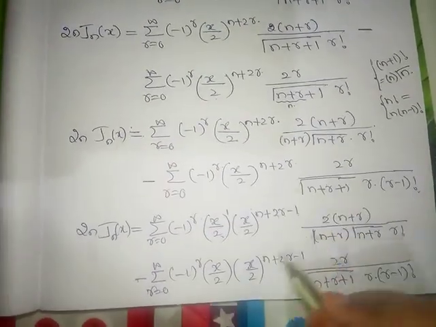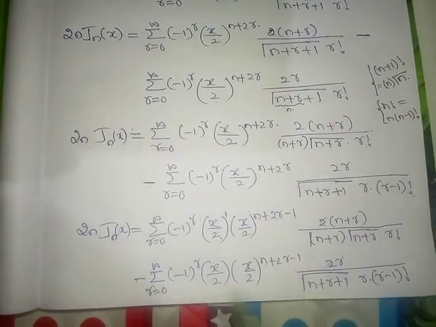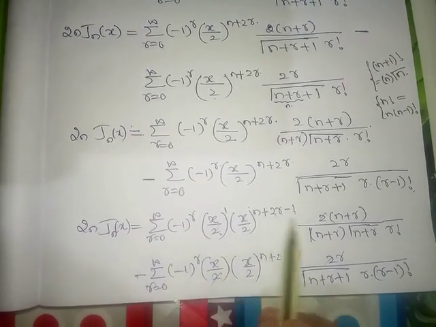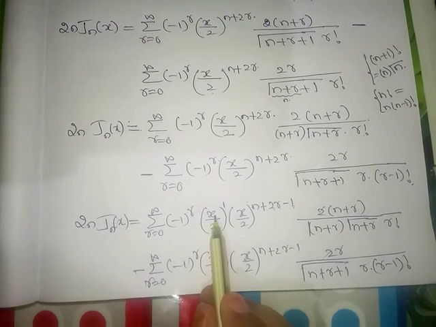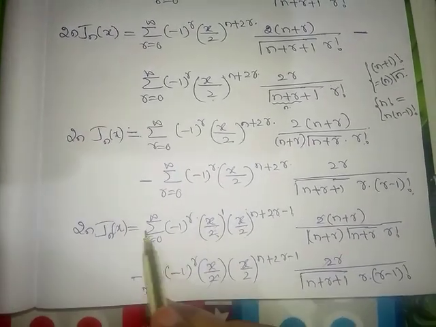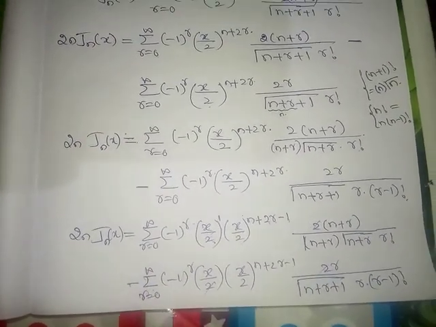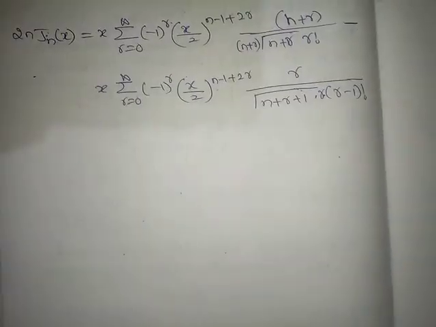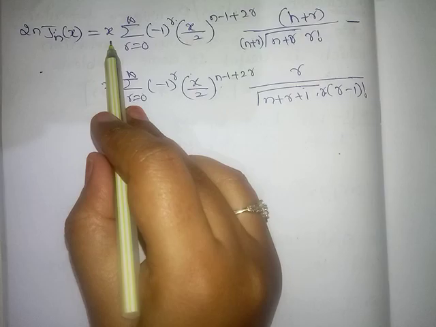See, these two cancel with these two, and these two cancel with these two. Here x is constant to this expression, so I will take x outside this summation. This will be our expression after taking x common. Simply I am taking x outside the summation.